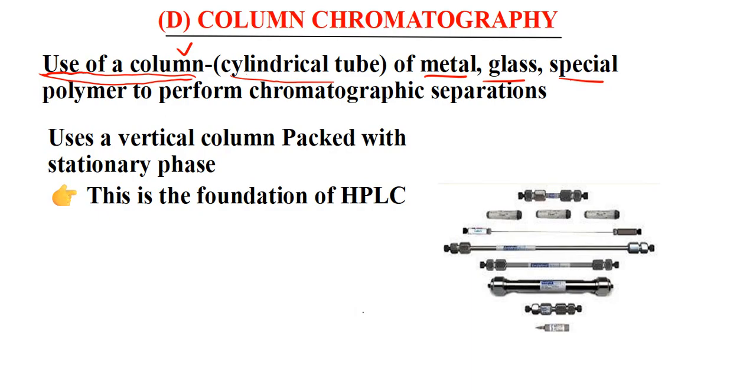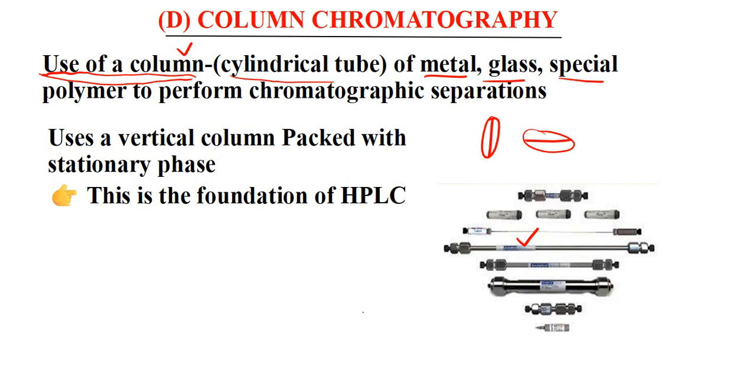These are what we call a vertical column. They can be vertical or horizontal, these columns. It doesn't matter, but they are all columns. Inside them, that's where we'll find the phases, such as the mobile and the stationary phase, stuck to the glass that you're able to see.